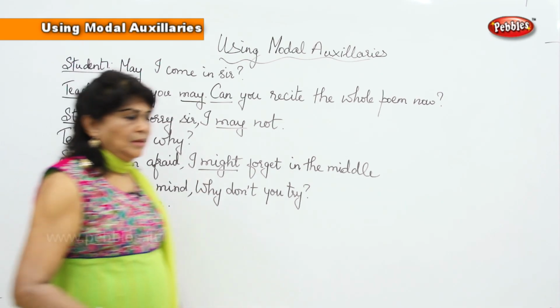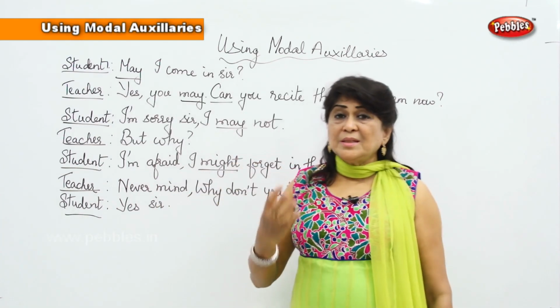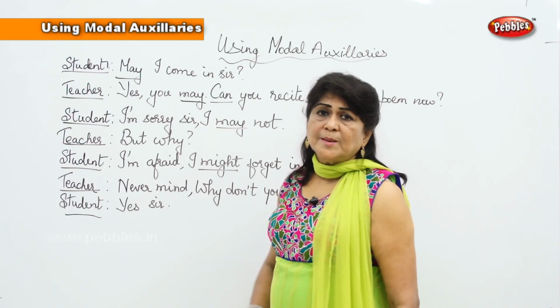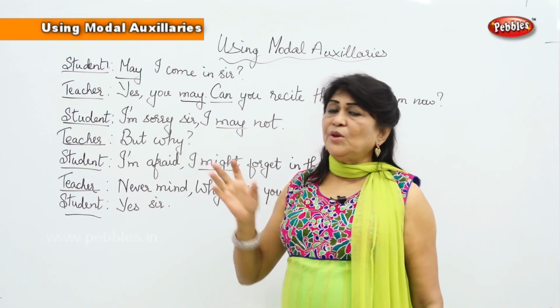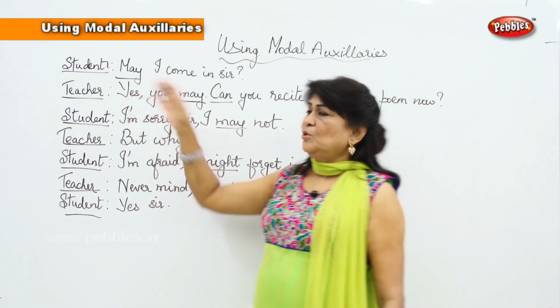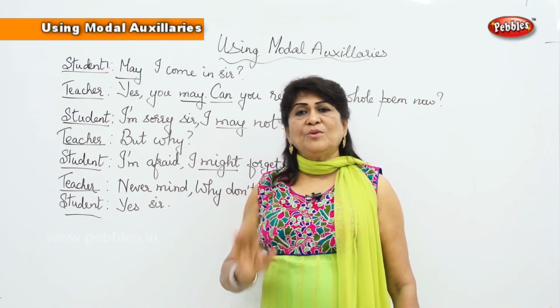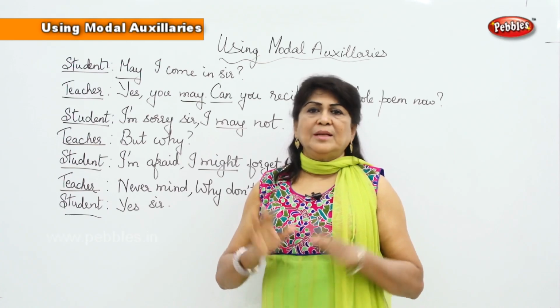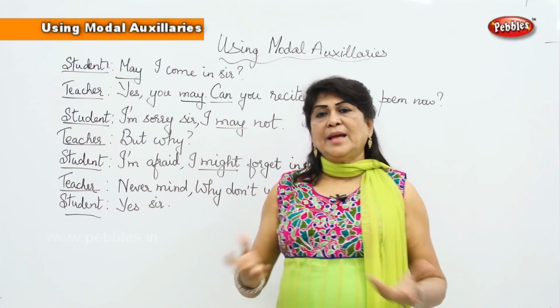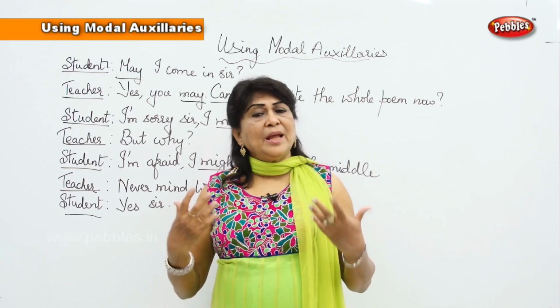So this is how you should use them. You cannot say, can I come in, sir? That is why I am giving you all the usage of these modal auxiliaries. You should never ever go to a place and say, can I come in? It's wrong English. You should always say, may I come in? Can I come in talks about your ability.